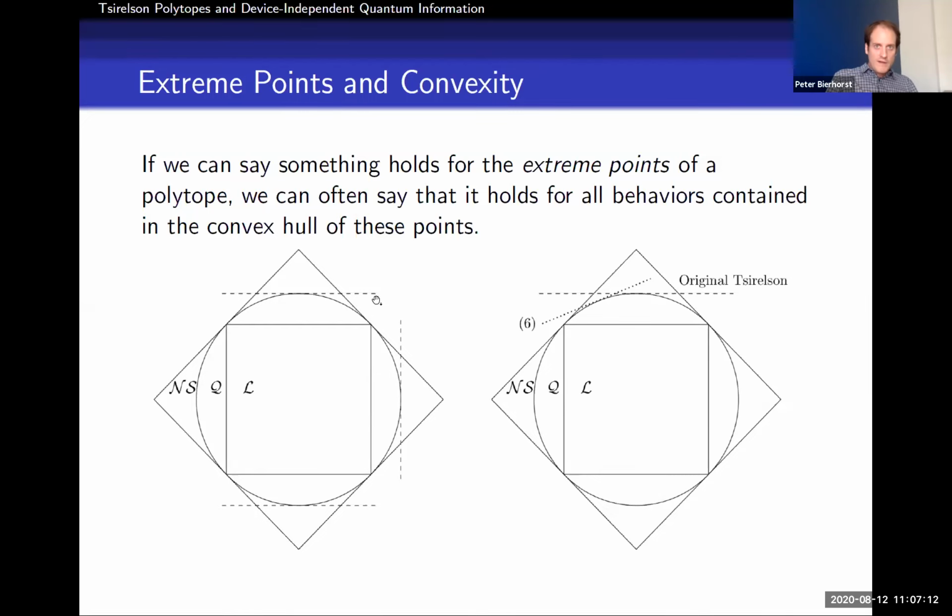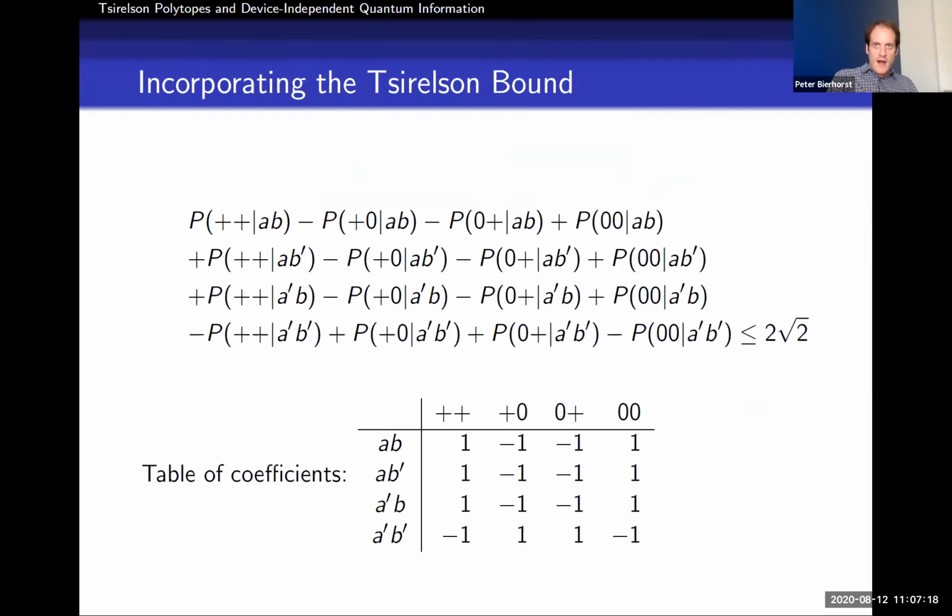And what we did is, we had these no signaling conditions, and now we're going to include another hyperplane determined by the Tsirelson bound. And so here's the Tsirelson bound, which bounds the maximal possible violation of the CHSH inequality.